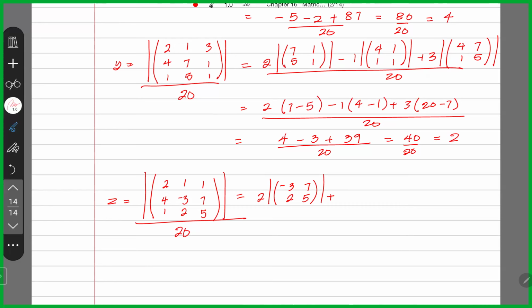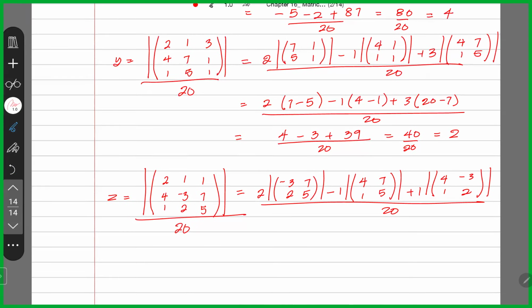Plus, sorry, minus 1 times the determinant of 4, 1, 7, 5. Plus 1 times the determinant of 4, 1, minus 3, 2. Over 20.